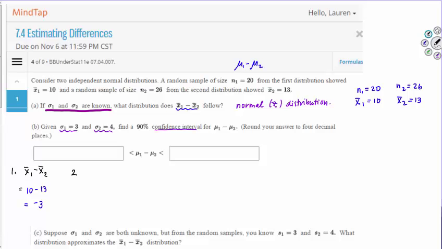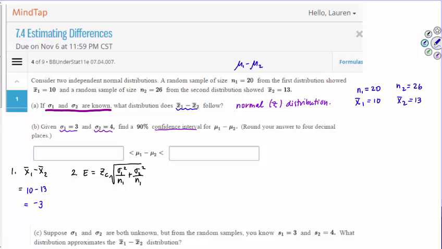Second, we have to cook up the error, and the size of the error, or the width of the confidence interval, is determined by the critical value of z, and then the standard deviations with respect to the sample size of both of these populations. So standard deviation 1 squared divided by sample size 1 plus standard deviation 2 squared divided by sample size 2.